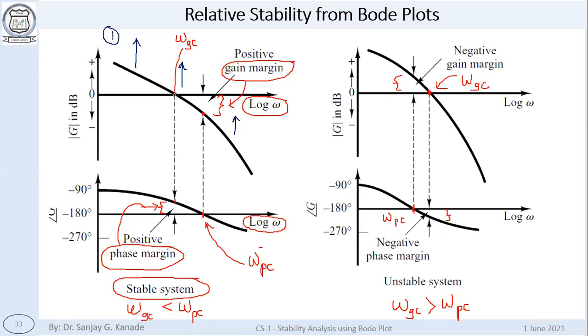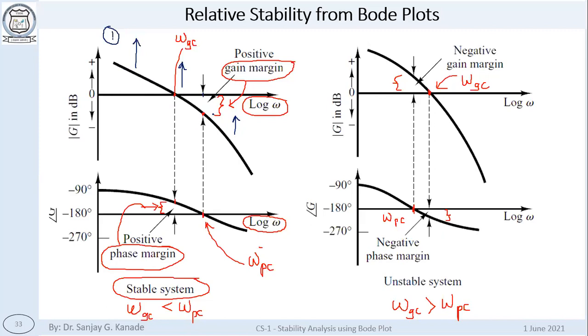So if we increase the gain, the omega GC will also increase, and there will be a time when omega GC can be equal to omega PC. And when will that happen? When we add an amount of gain equal to the gain margin.